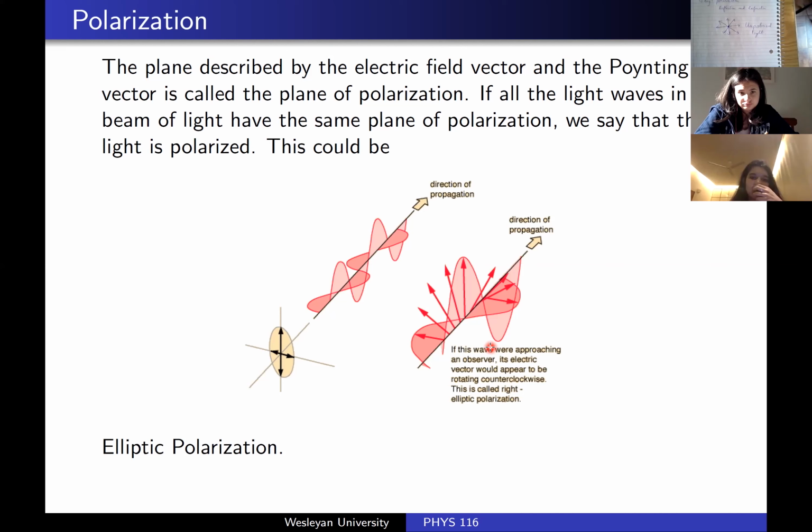That is, they will preferentially absorb or reflect electric field vectors in some directions and only let one plane of polarization through the material. That is how we can go from unpolarized light, which is typically the light we get from the sun or from a light bulb or any hot object, and then you pass it through a polarizer and you can get polarized light.